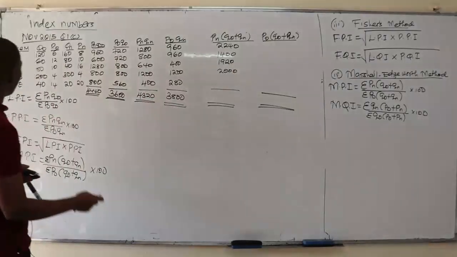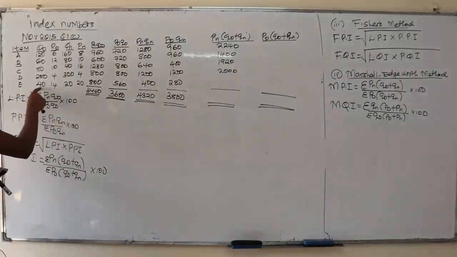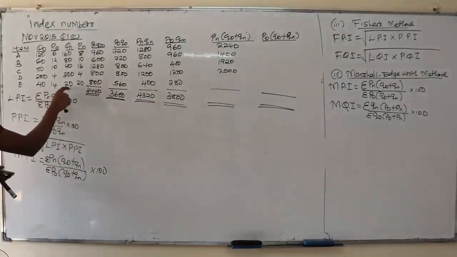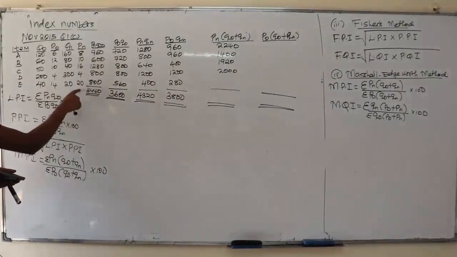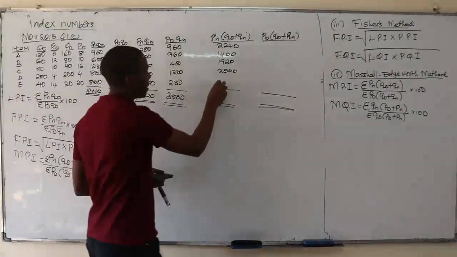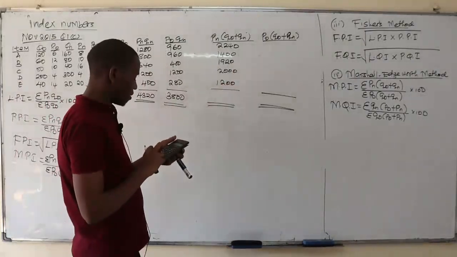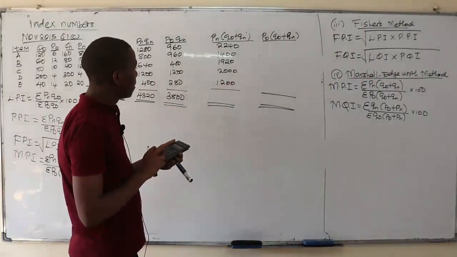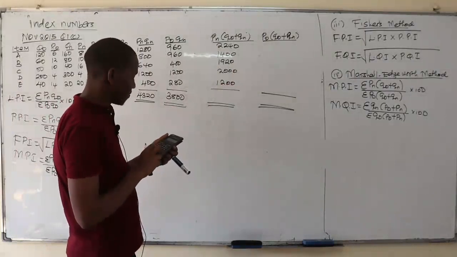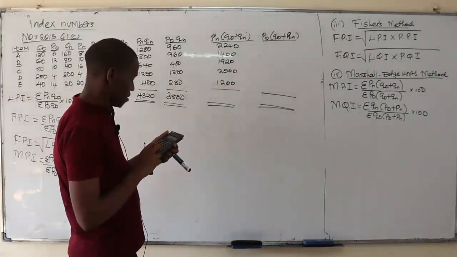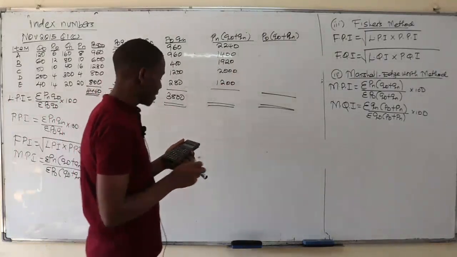The last one is 40 plus 20, 60. You multiply by 20, 1200. In that case, what does it give you? 1200 plus 2000 plus 1400, 2240. What do you get?